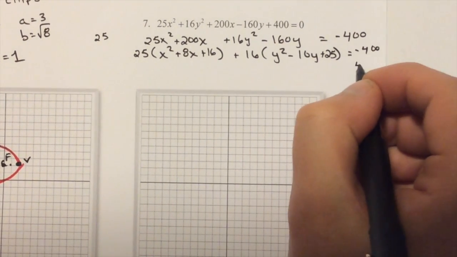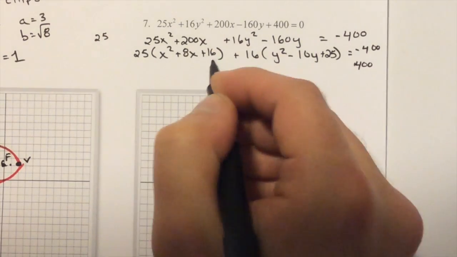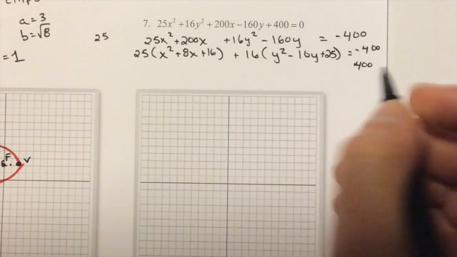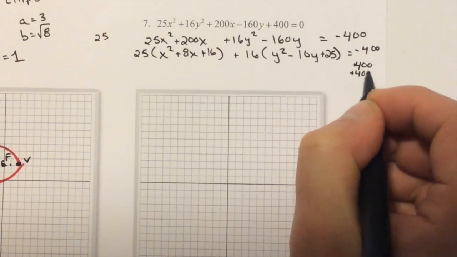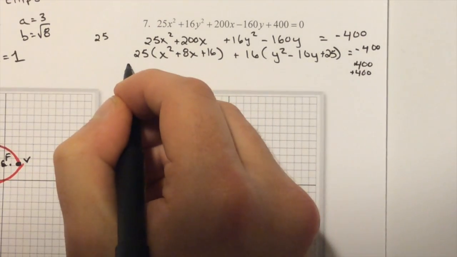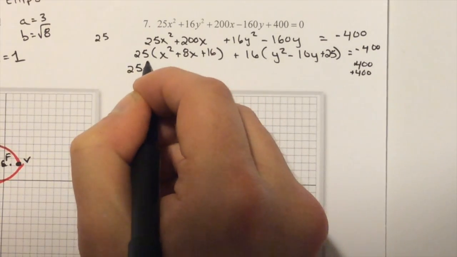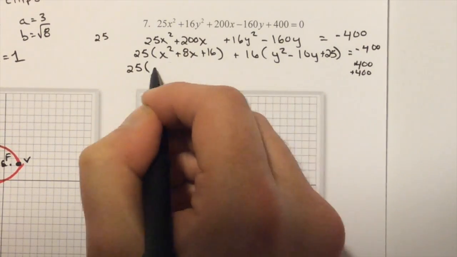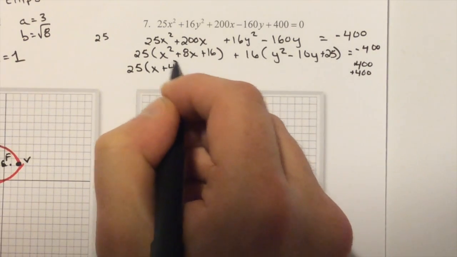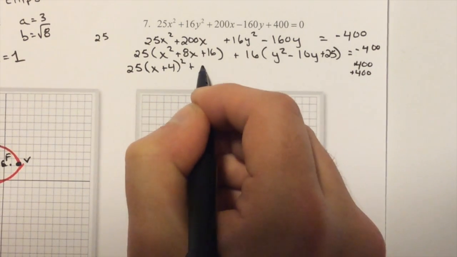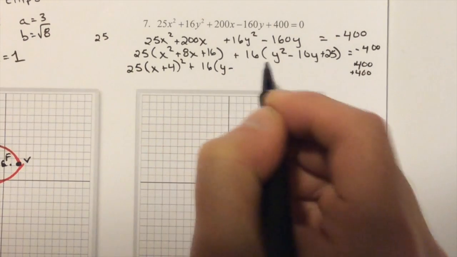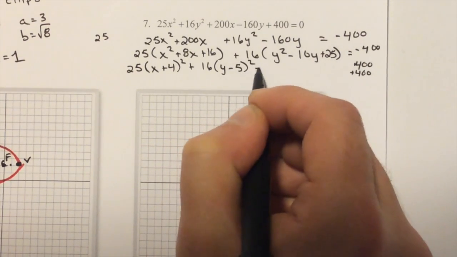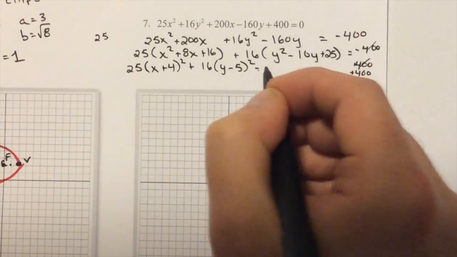Hey, look at that. So we're going to add 400 in here, and 16 times 25, so I'm going to add another 400. Oh, those numbers worked out nice. So I have 25 times x plus 4 squared plus 16 times y minus 5 squared equals, those cancel, equals 400.